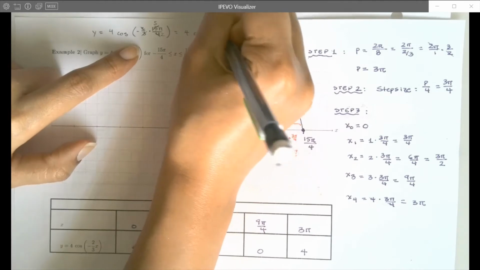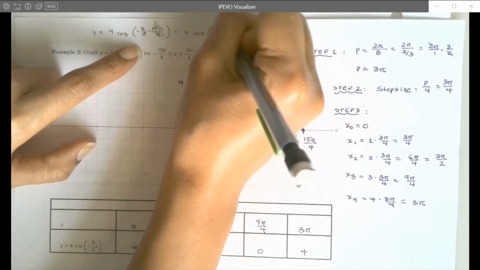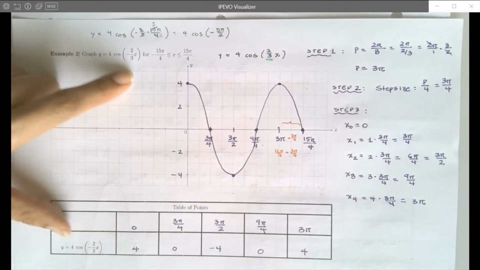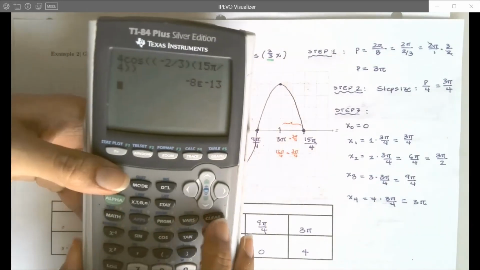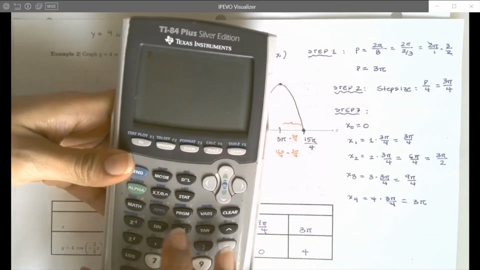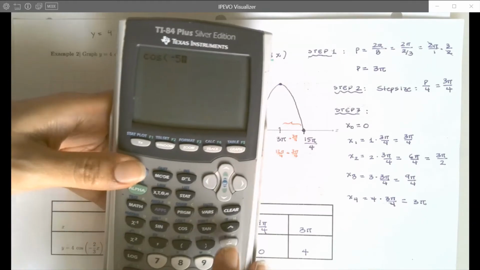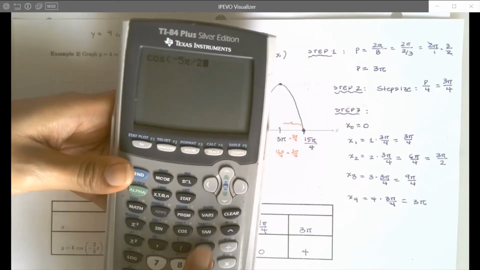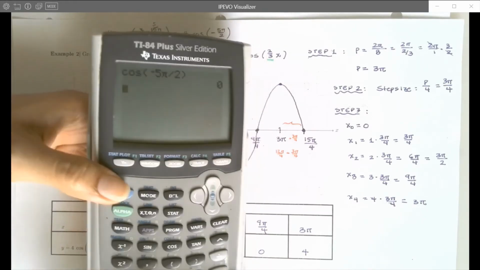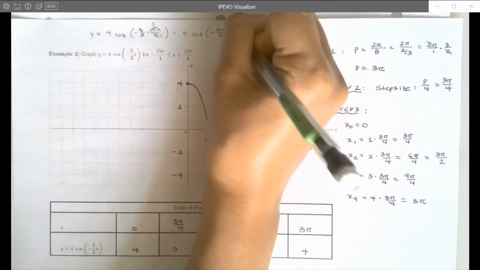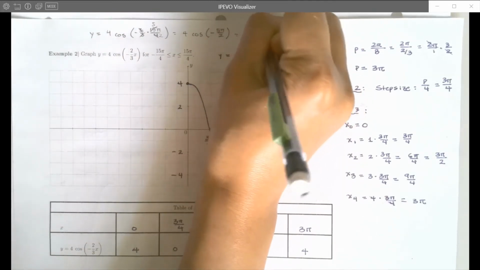So we get -5π/2. And if we look at what is cosine of -5π/2, that's going to be 0. So we're going to get 4 times 0, which is simply 0.